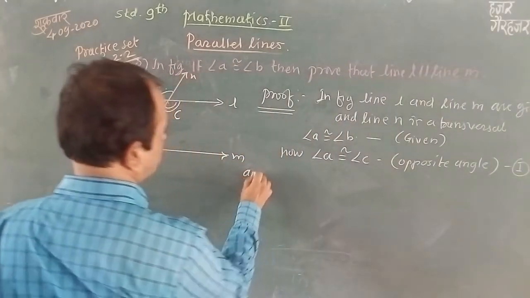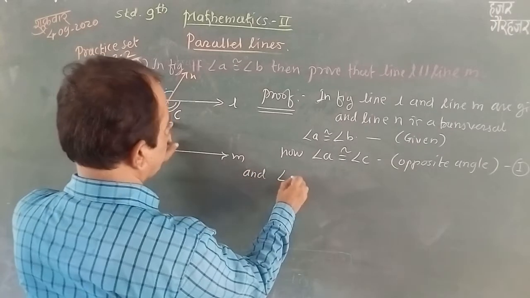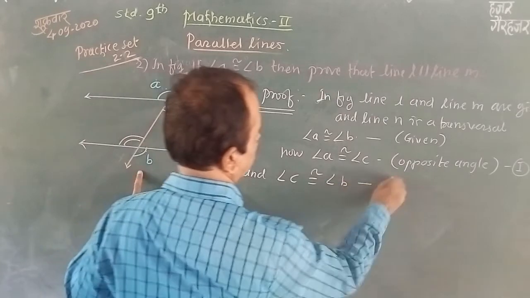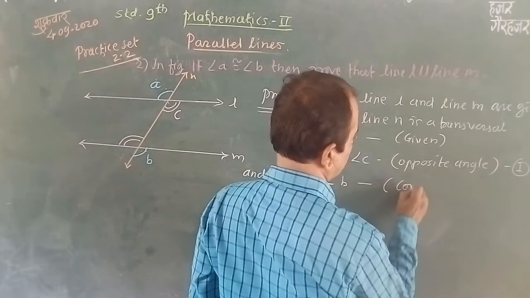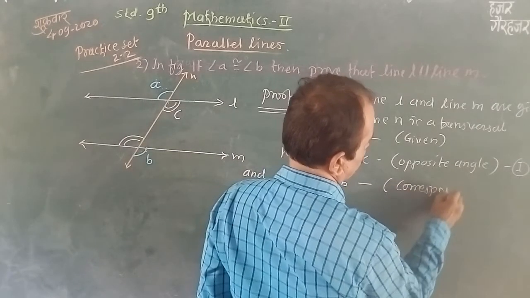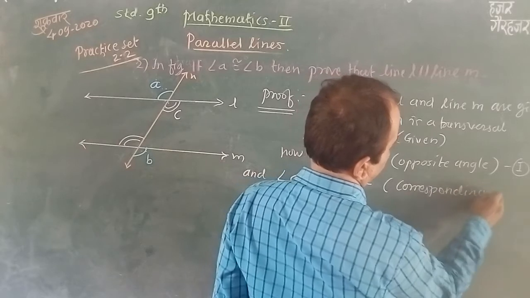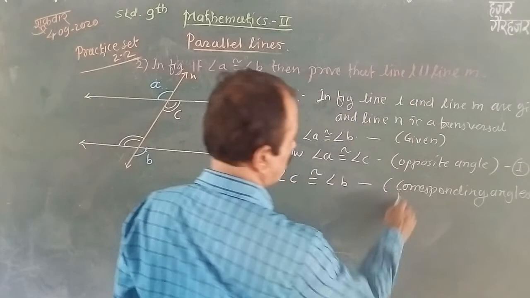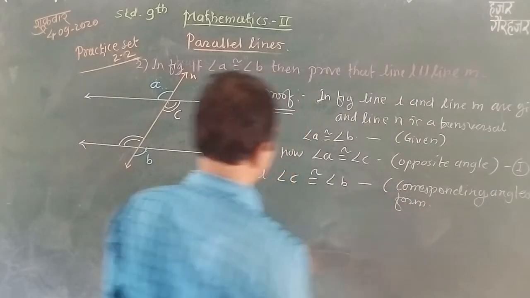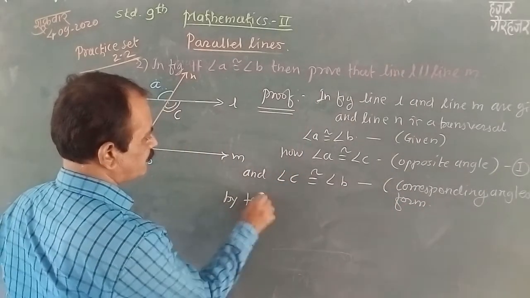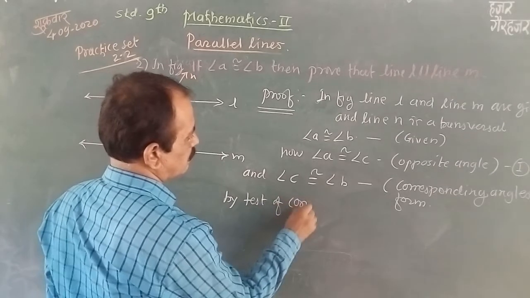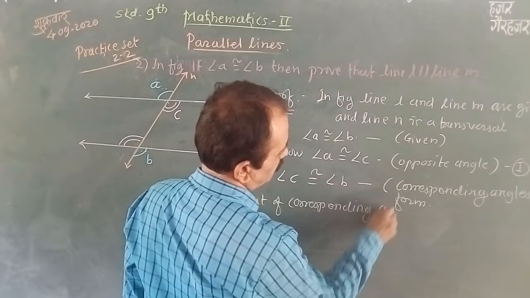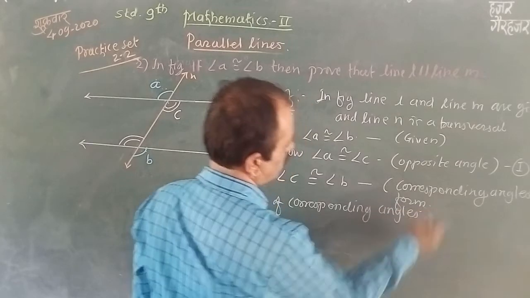And angle C is also congruent to angle B. These are forming corresponding angles, by the test of corresponding angles.